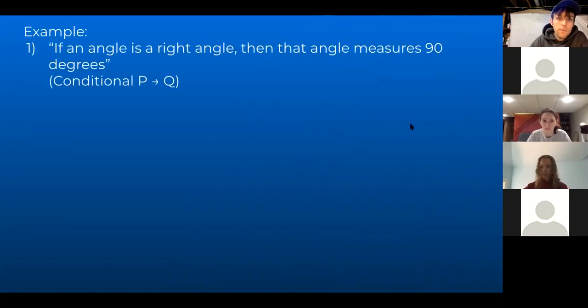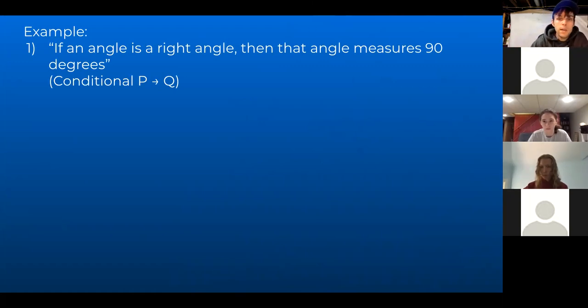Okay, so we have a conditional statement, which seems easy enough to understand. If an angle is a right angle, then that angle measures 90 degrees. Basic conditional statement. We could almost think of this as part of a definition of what a right angle is. And it's definitely true, right? If something is a right angle, it's 90 degrees.